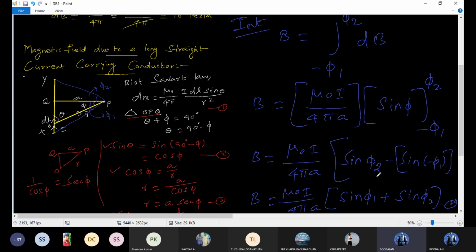Okay, please take notes. So one derivation is completed: applying Biot-Savart law to derive an expression for the magnetic field produced at a point due to a current flowing through a straight wire of infinite length. Everyone, the derivation is over.